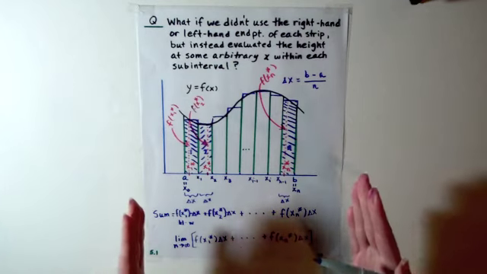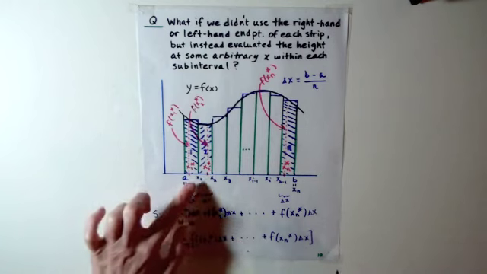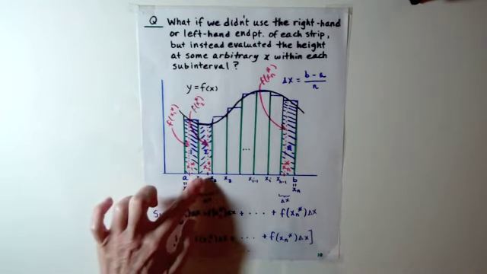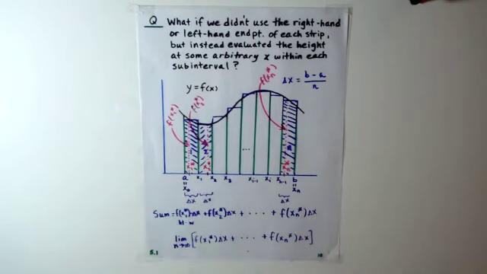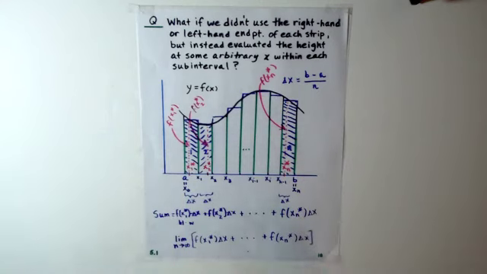So I'm going to subdivide into more and more rectangles. On each little strip, I'm still going to be choosing some intermediate x value, some arbitrary x1 star, x2 star, and so on. So each of these, for every number of rectangles that I choose, is going to be some kind of an approximation for the true area under the curve.